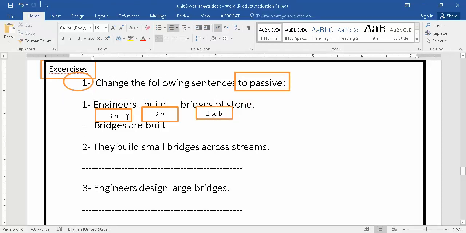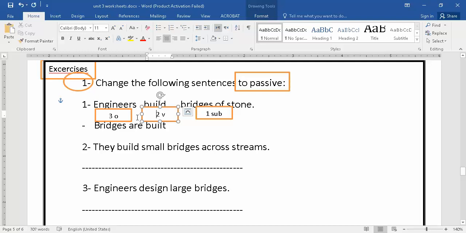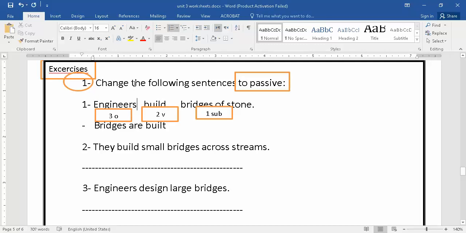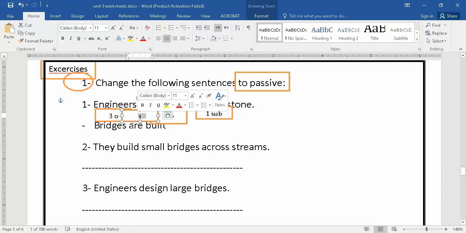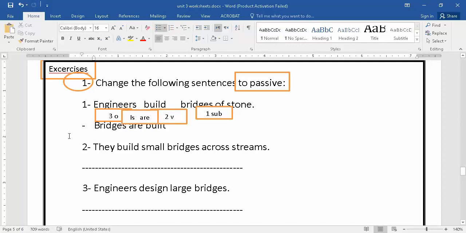And we add some words, and here we add verb to be. Wait a moment until I write the verb to be. I may use is, I may use are according to the object. If it is singular, we use is, and if it is plural, we use are. Okay.